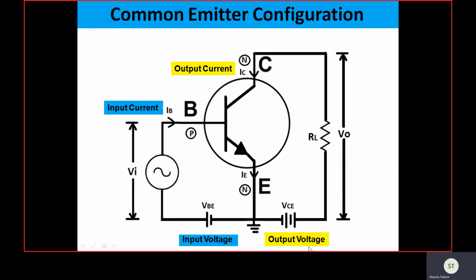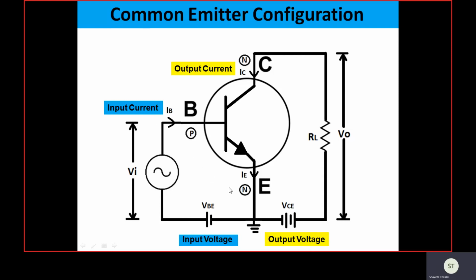parameter is the output voltage. Because when we draw the input characteristics, that is a plot between input voltage and input current, keeping the output voltage constant. And when we plot the output characteristics, it is a plot between output voltage and output current, keeping the input current constant.